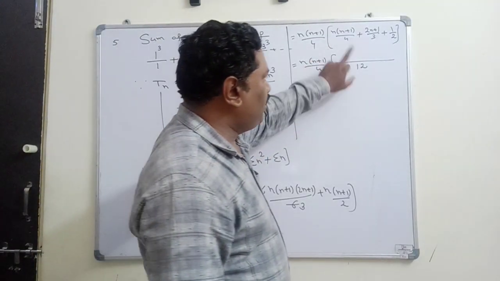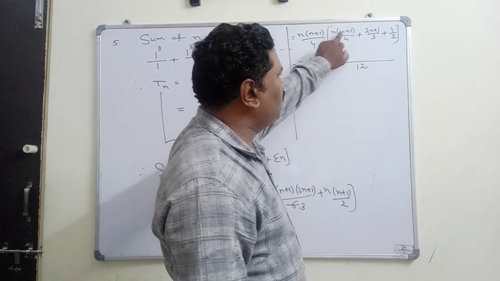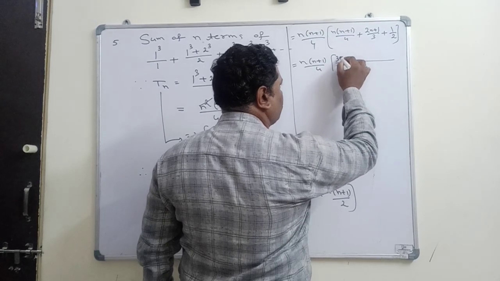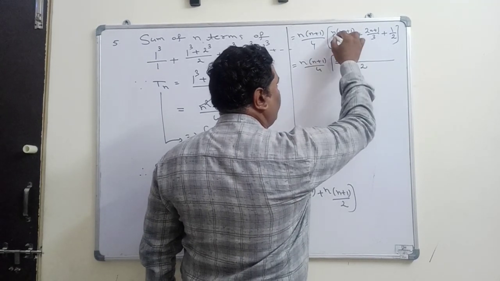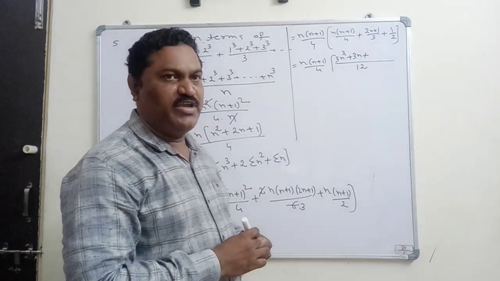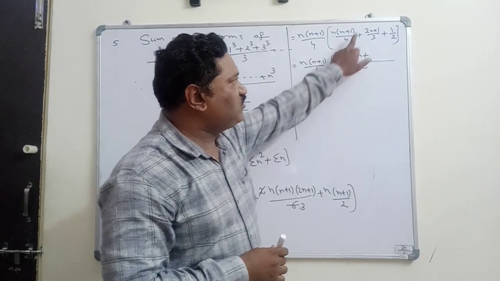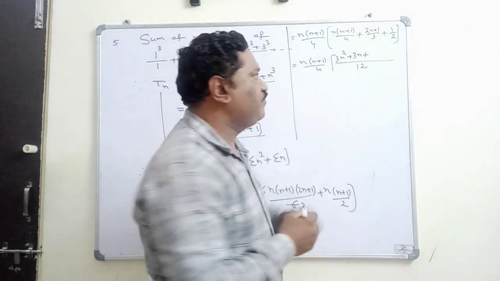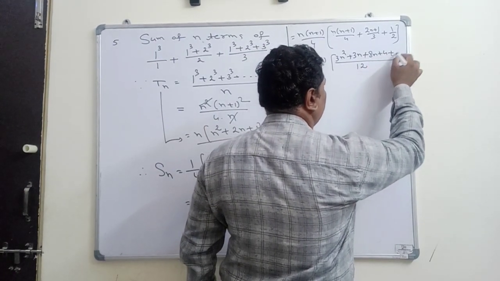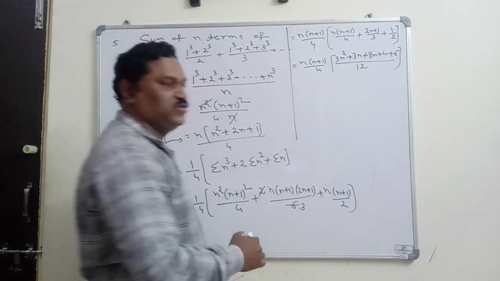Now 4 3s are 12, means that we have to multiply this by 3, then 3 into n square, that is 3n square, plus 3 into n, that is 3n, plus, now here 3 4s are 12, means you have to multiply the numerator by 4, 4 2s are 8n, plus 4, plus 2 6s are 12. Okay.